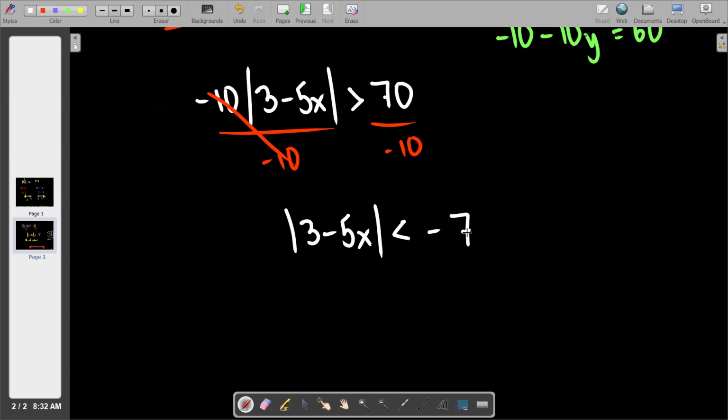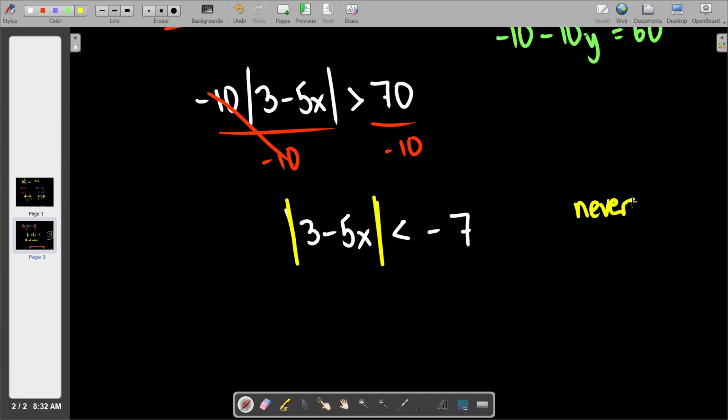What do we do from here? Stop. The problem is over. Do not write equations. Because the 7 is a negative, you're in one of two categories now. It's either always going to be true or it's never going to be true. How often will this yellow machine give me an answer that is less than negative 7?